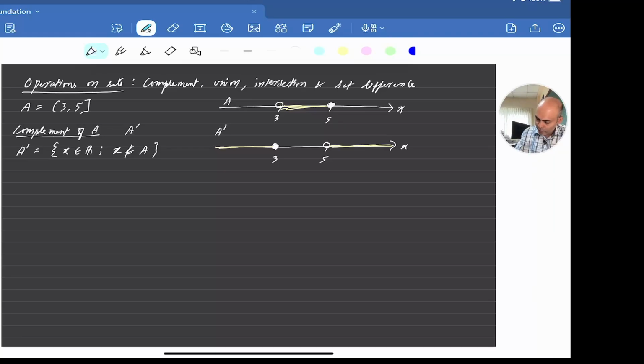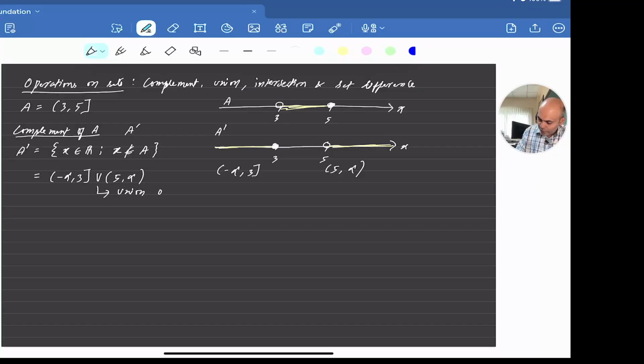So here we have two intervals. One is between -infinity to 3, and the other one is from 5 to infinity. So A prime is a combination of two intervals. So we denote it by the symbol U, where U stands for union.